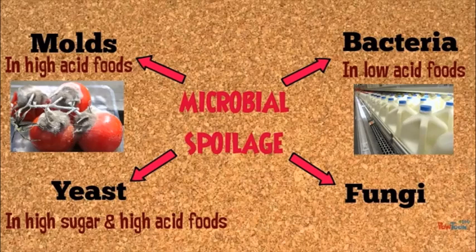Even yeast leads to spoilage. So in this way, the microbes grow on the food and they spoil the food. So it is very important for us to handle the food properly, to store the food properly, and if you are transporting food from one place to another, it is important for us to transport it in a proper manner.